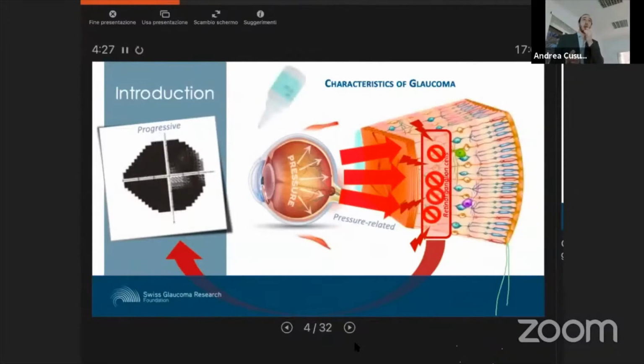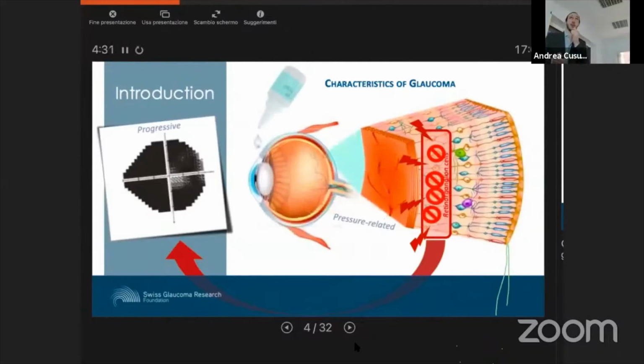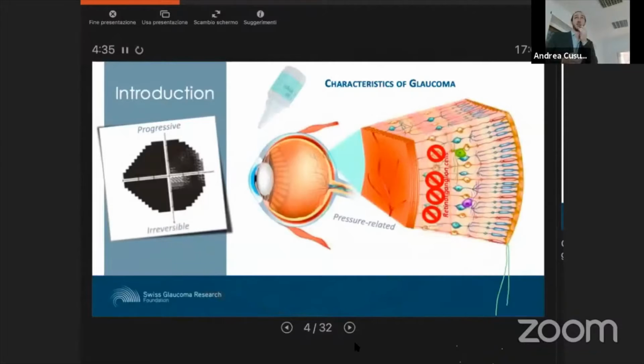When the high pressure in the eye is treated, either with eye drops or surgery, we relieve the pressure and the stress on the retinal ganglion cell stops. However, any loss of vision from glaucoma is, in the current state of things, irreversible. That's one of the other characteristics of glaucoma. It is pressure related, it is progressive, and it is irreversible.